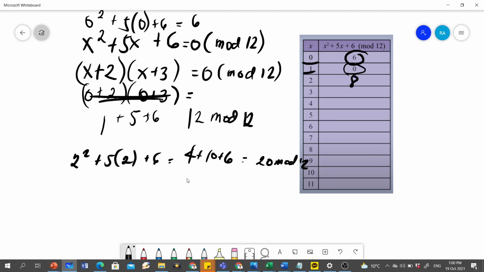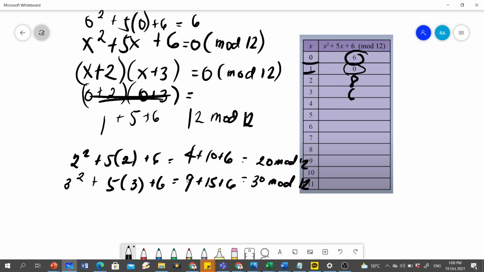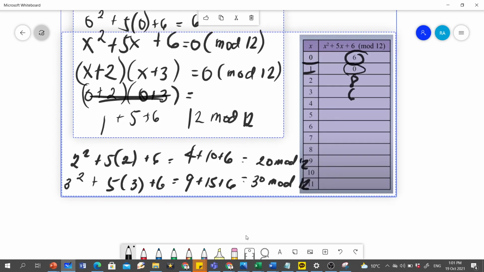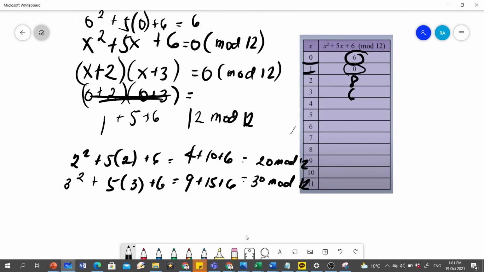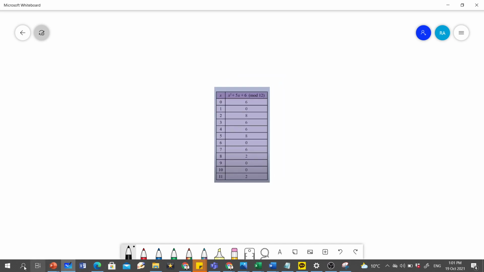Then for 3, we have 3 squared plus 5 multiplied by 3 plus 6, which is 9 plus 15 plus 6, or 30 mod 12, so the remainder is 6. If we fill in all these values of x in our equation, we will come up with this kind of table.